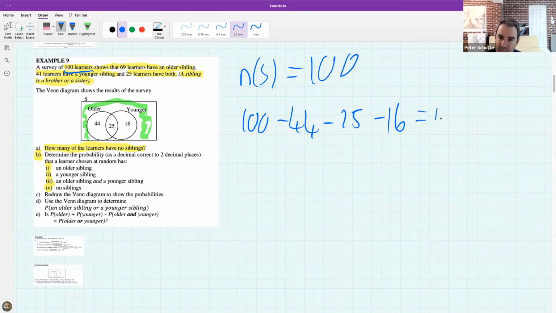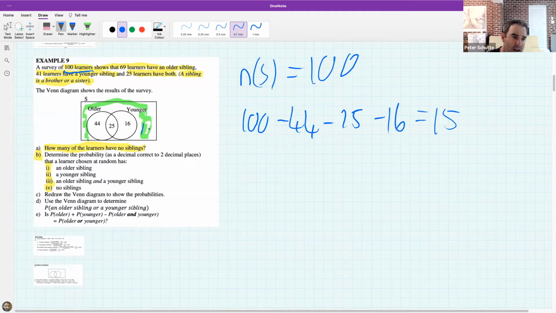And I get 15, which means there are 15 only children. Does that make sense? People who don't have older siblings or younger siblings. The reason the Venn diagram is so helpful is it allows us to visualize the different combinations that are possible in the question.